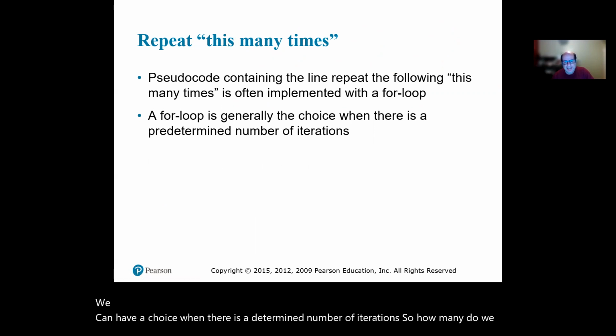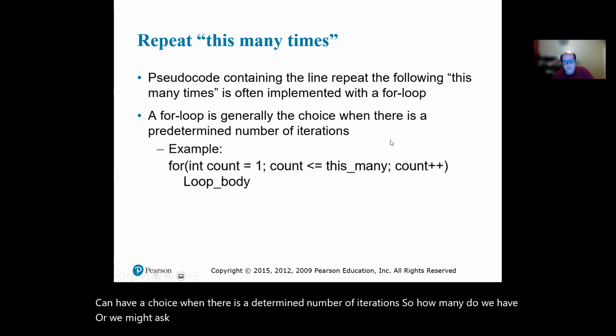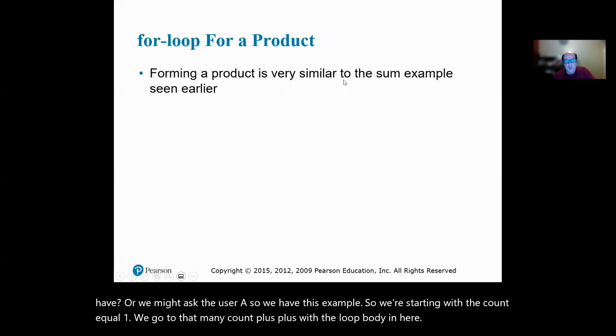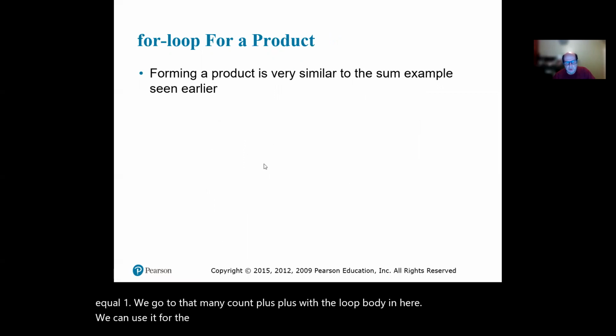Or we might ask the user. So we have this example. We are starting with count equal 1, going to that many, count plus plus, with the loop body in here. We can use it for the product also.